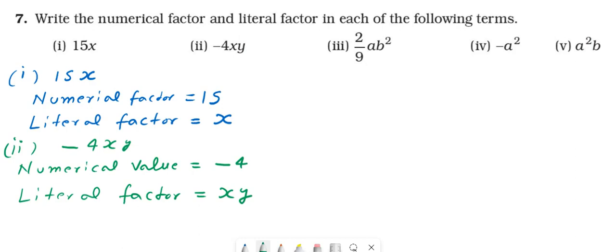Now beta, the third part. It is written 2 upon 9 ab square.